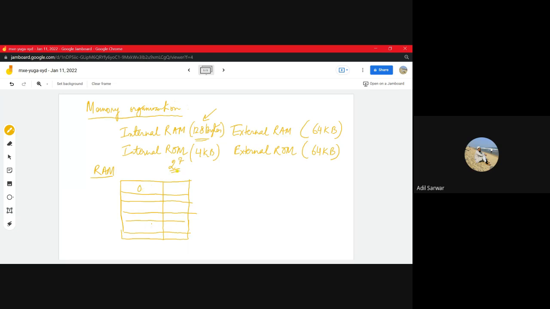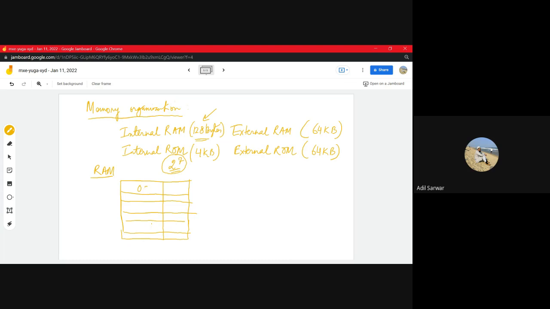Definitely, we don't have the provision of a 7-bit register. We have registers either of size 8 bit or 16 bit. So that means we can use 2 to the power 7 or 128 bytes, otherwise 256 bytes of memory locations available, or memory addresses rather.